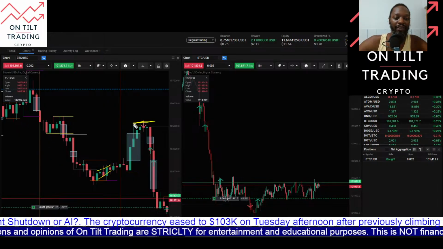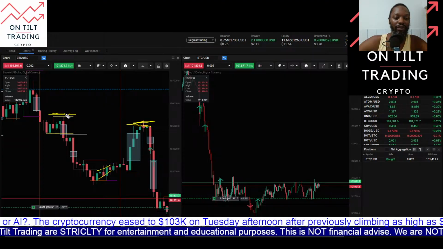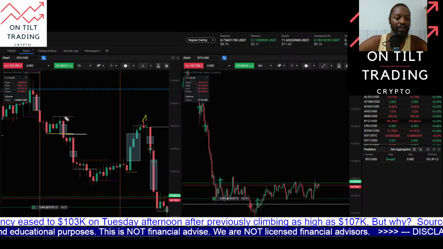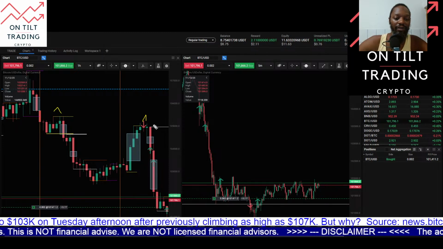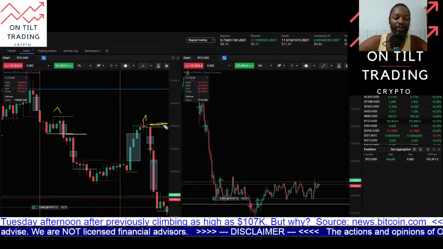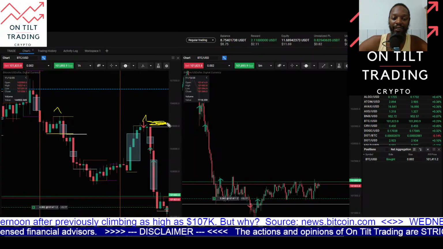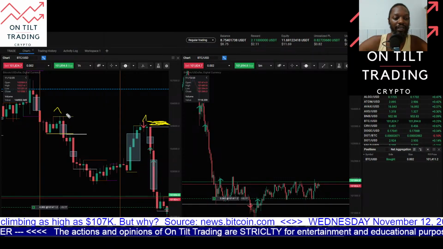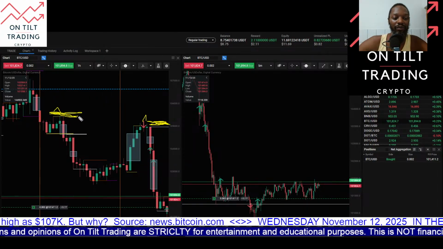So with buy side liquidity resting here and buy side liquidity resting here on the swing highs, which would be here and here, this is also the New York AM buy side liquidity and yesterday's London buy side liquidity.